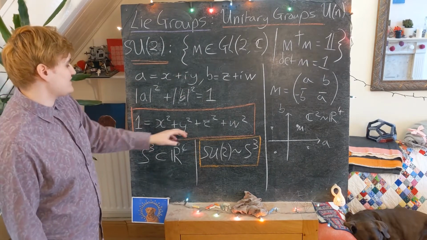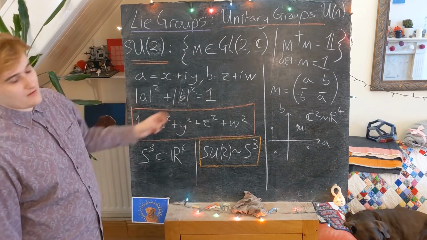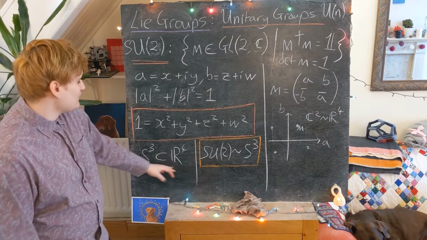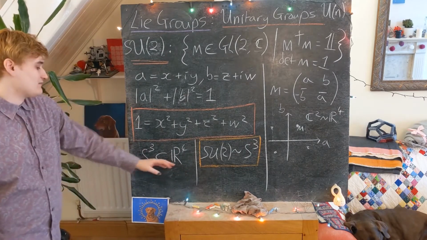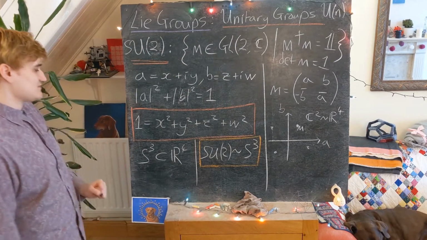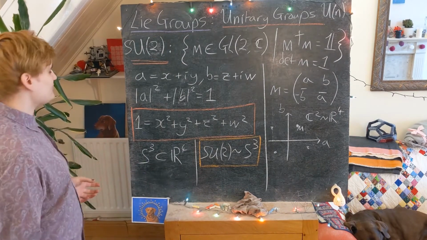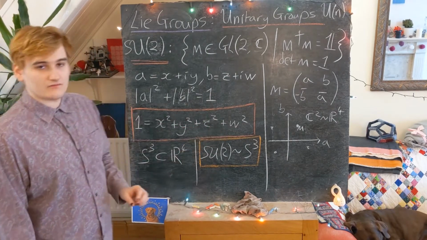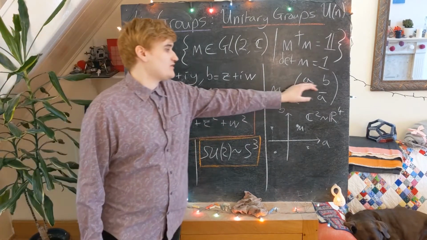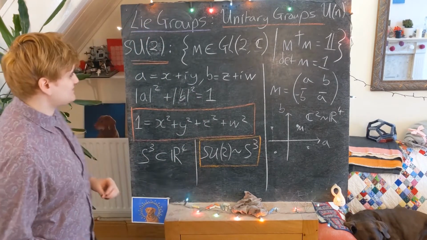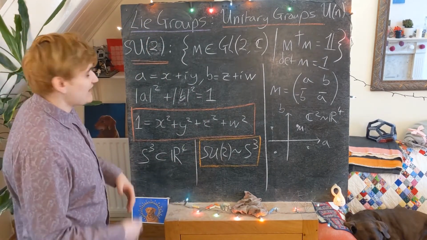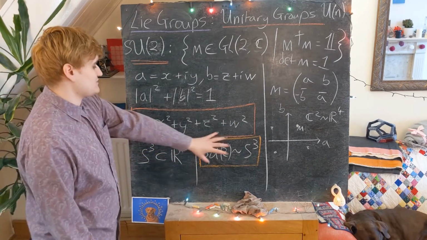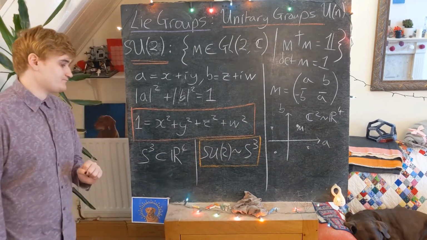And we found that this is describing the topology of this 3-sphere, which is embedded or living in a four-dimensional real space. So any element of SU2, which can be given by these four real numbers, corresponding to these two complex numbers, is simply an element that lies on this 3-sphere.